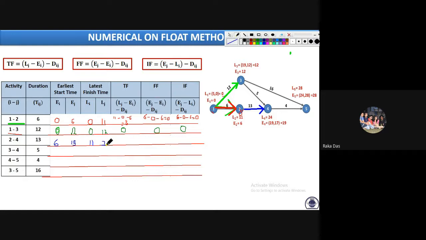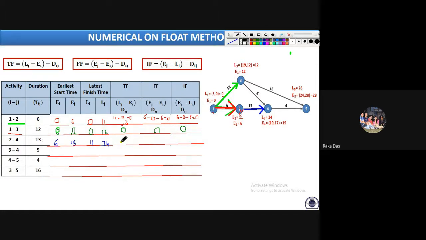And this one, LJ is 24. Right, see, LJ is 24 for 2 to 4. So what is this TF value? 24 minus 6 minus 13, 5.